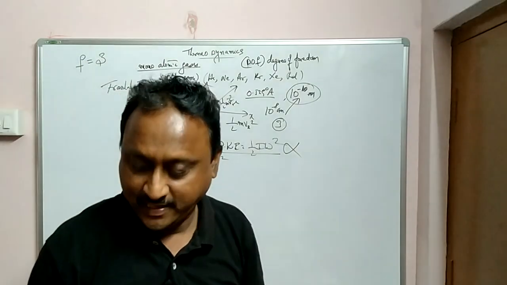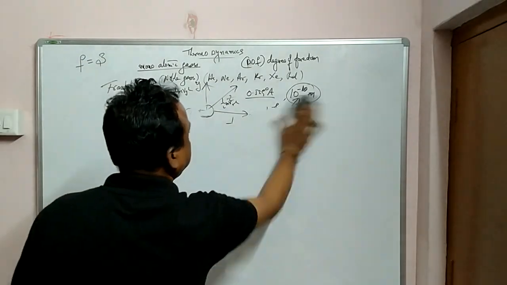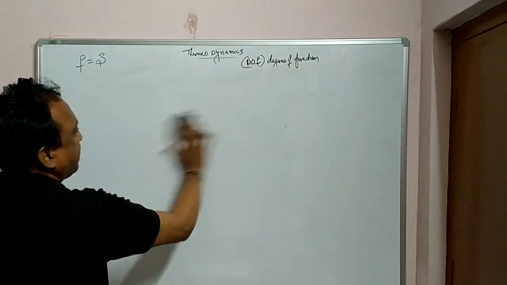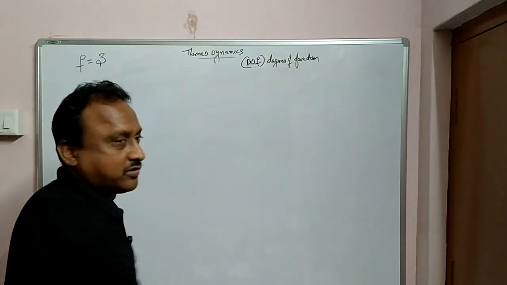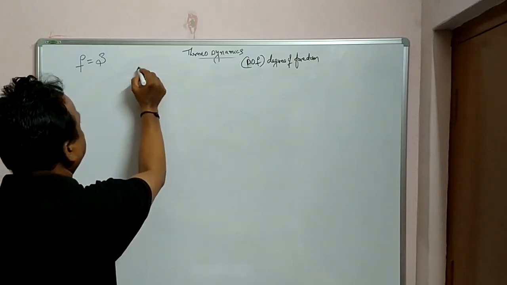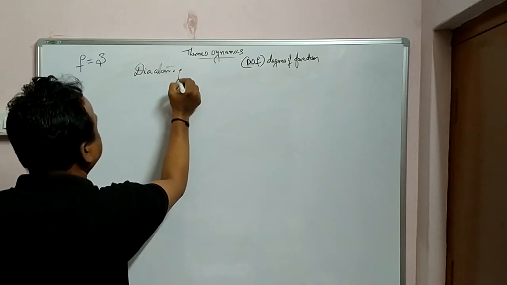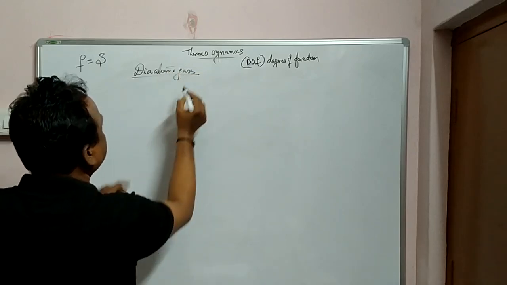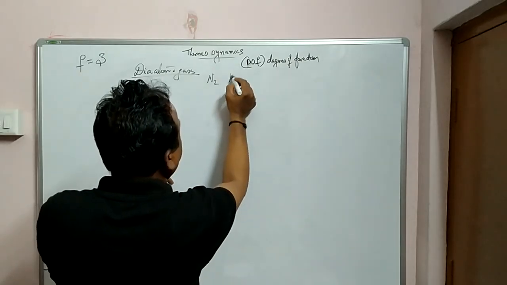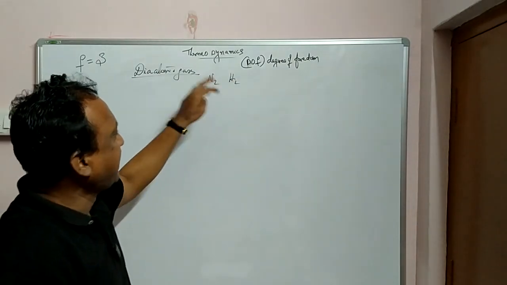Clear? Right. Now let us go for the next one, diatomic gases. Look, what are diatomic gases? For example, nitrogen, hydrogen, all these you can take as diatomic.